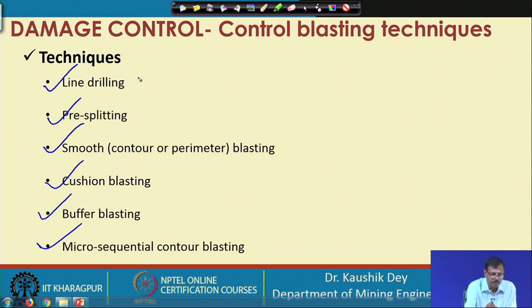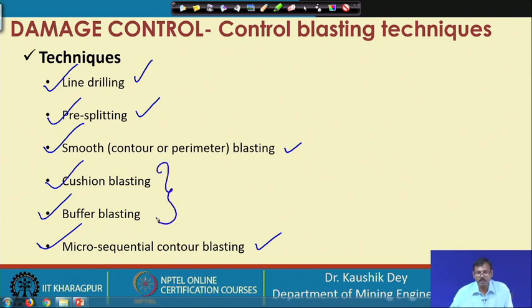Among these, line drilling, pre-splitting, smooth blasting and micro-sequential contour blasting are very popular. These two are more or less similar to smooth blasting, or you can say they are a modified or special type of smooth blasting technique. So, in this lecture we will discuss line drilling, pre-splitting, smooth blasting and micro-sequential blasting in the remaining slides.